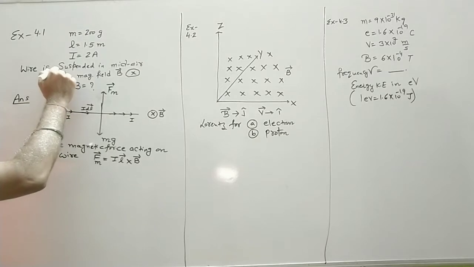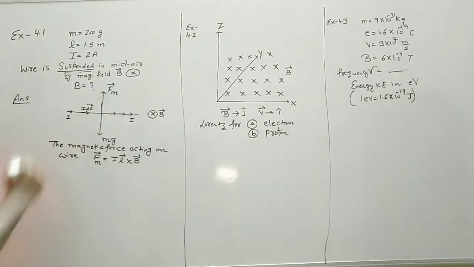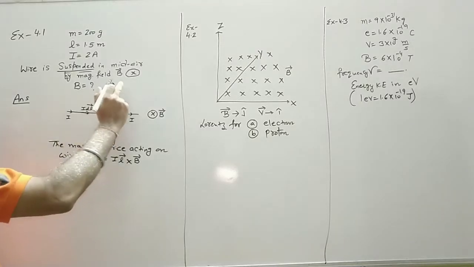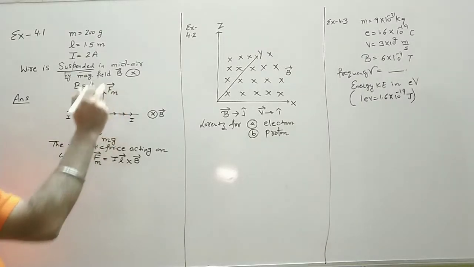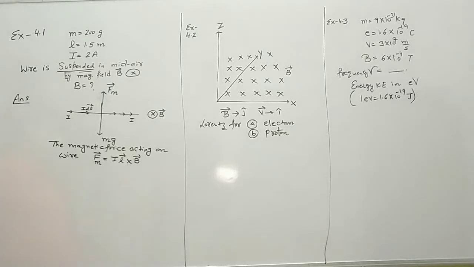Now this wire will remain suspended in the mid-air only if the magnitude of the magnetic force is equal to the magnitude of the gravitational force.